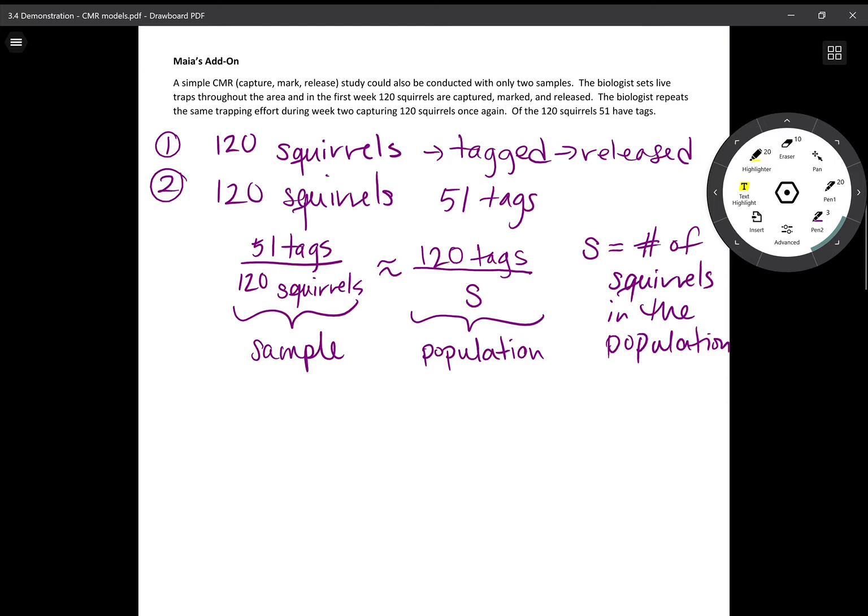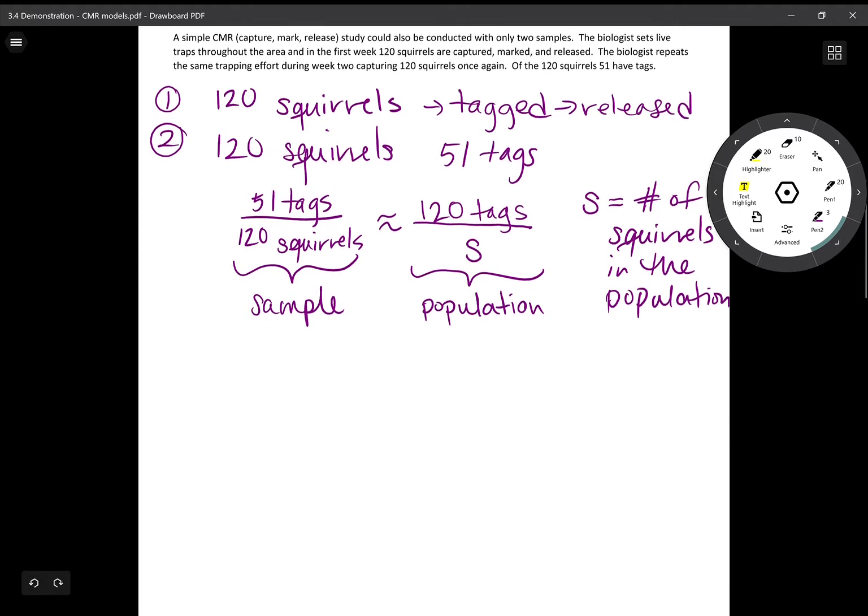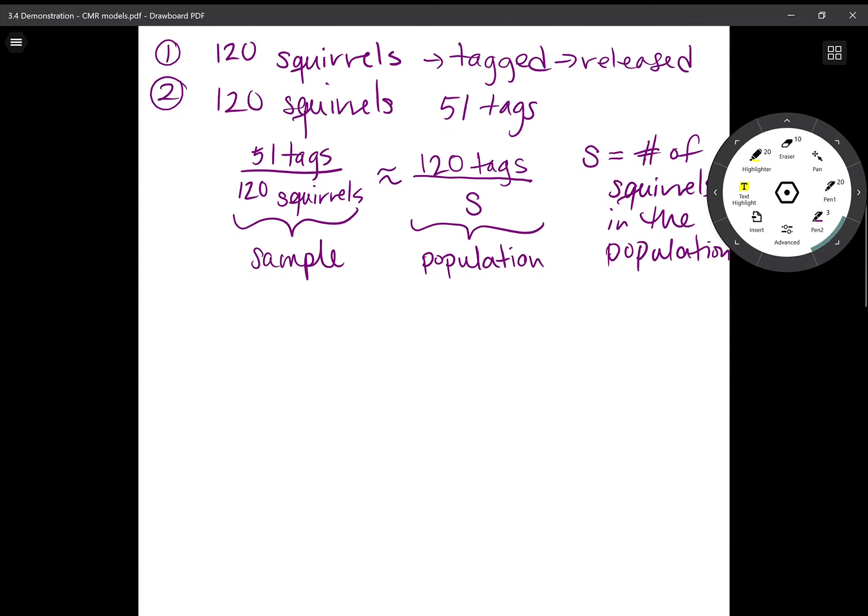Okay, so this is great. This actually isn't linear. There's a variable in the denominator right now. But for something nice like this, for a proportion where it's just a fraction equal to a fraction, it is always legal to just flip those upside down. We'll have to be careful later on, but for proportions, it's totally okay to say this. And then we're solving an equation, which you'll have a chunk of review on shortly. So we're trying to solve for S. The only thing that's being done to S is dividing by 120.